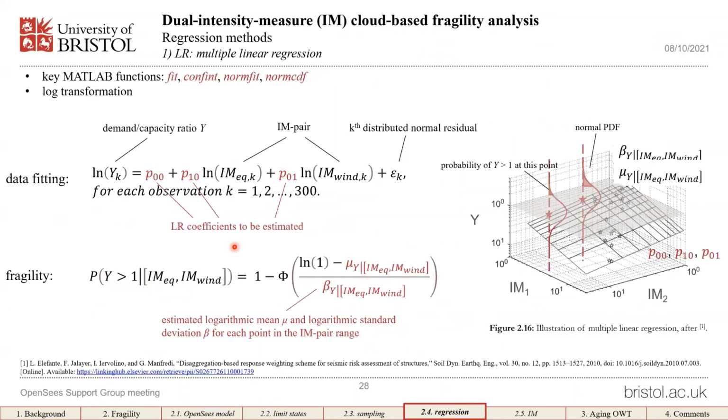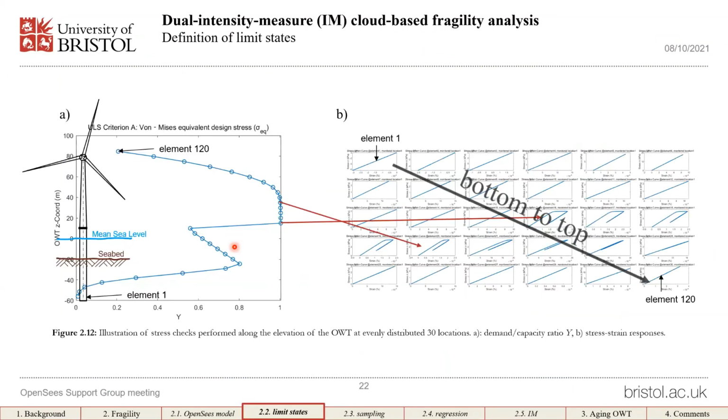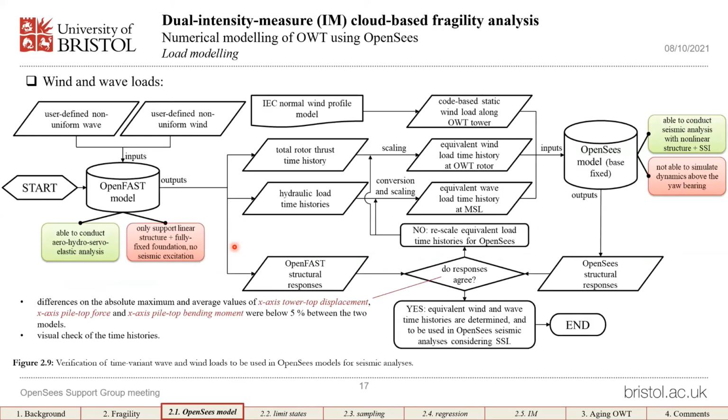No. It's just a standard, non-uniform definition of wind and wave load that you would expect from OpenFAST, if you have any idea of the model. But we have not considered the emergency shutdown of the wind turbine. Okay, thank you very much. Perfect. Thanks for your research. Thanks for your questions.